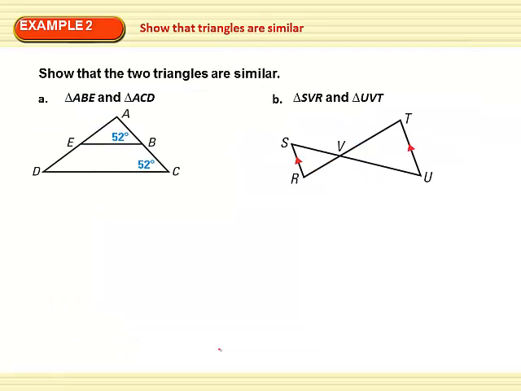Okay, what about this one? Example A is a little tricky because it says show that the two triangles are similar. We have ABE, the small triangle, and ACD, the larger triangle. There are a couple of different ways of doing this.